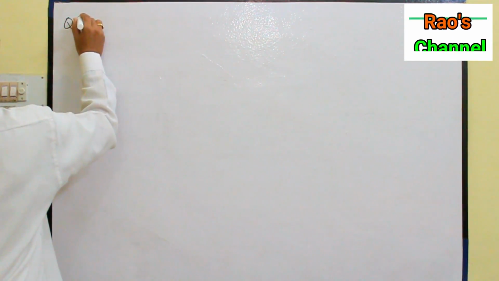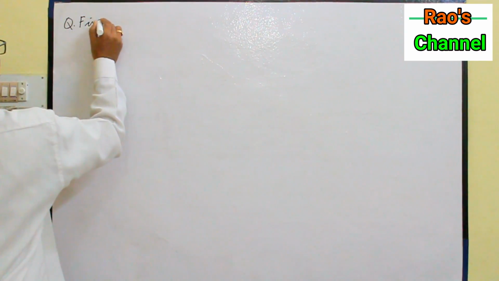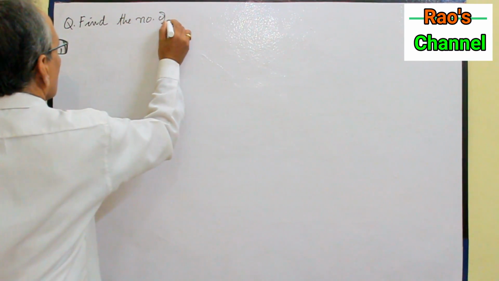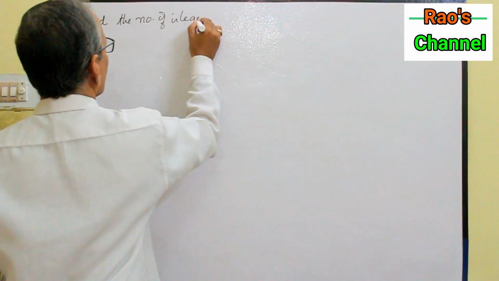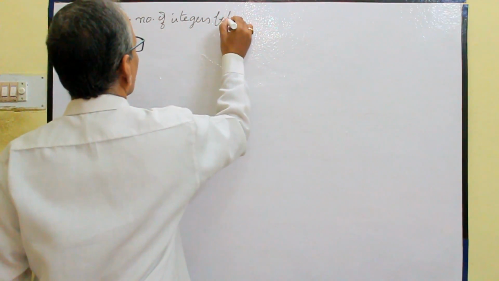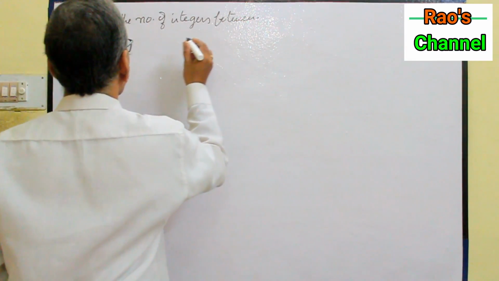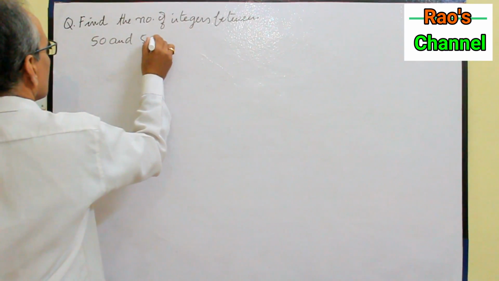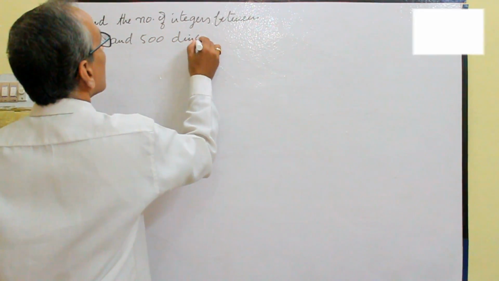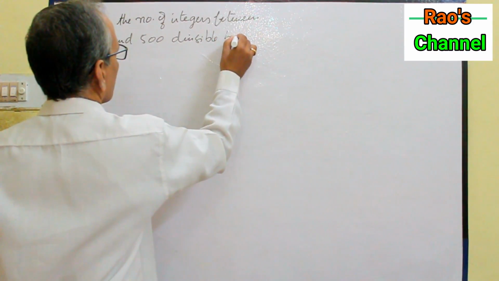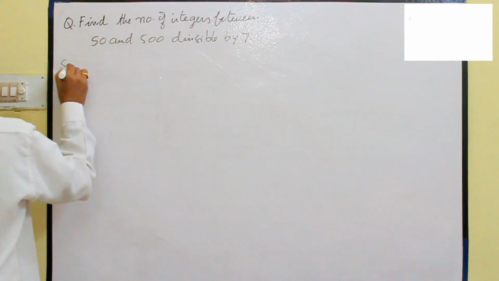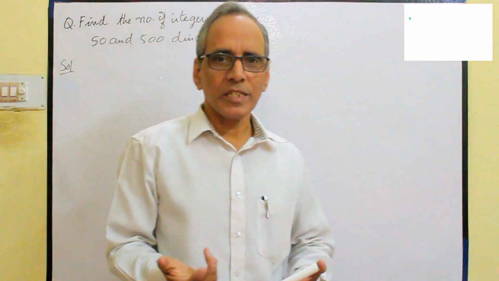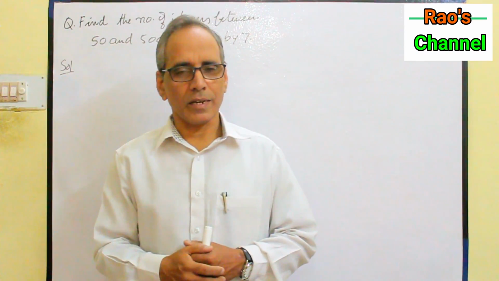The question is, find the number of integers between 50 and 500 divisible by 7. So I want the multiples of 7 in between 50 and 500.